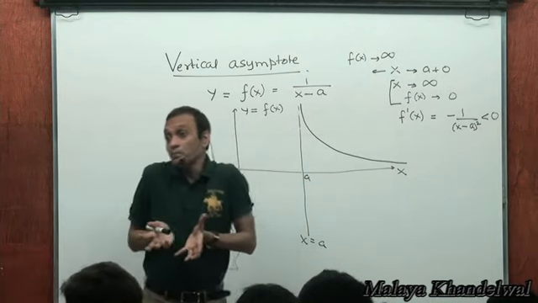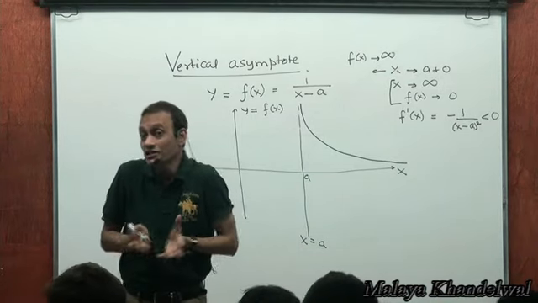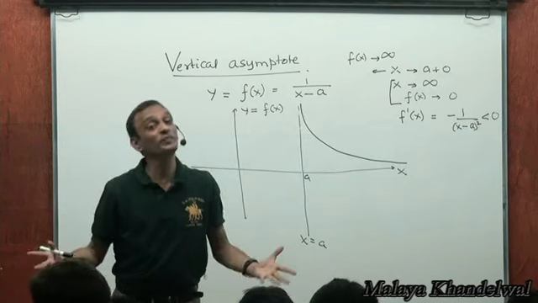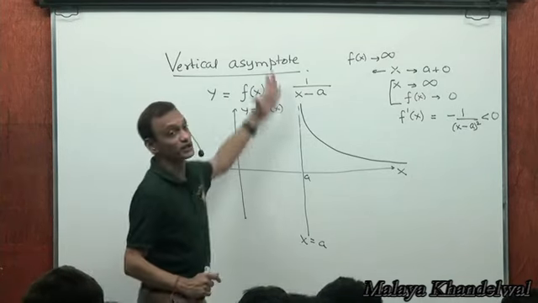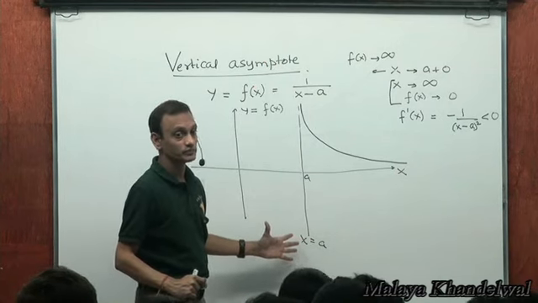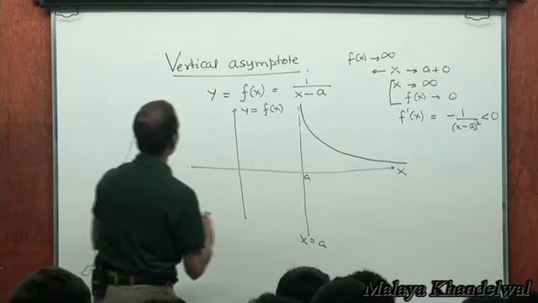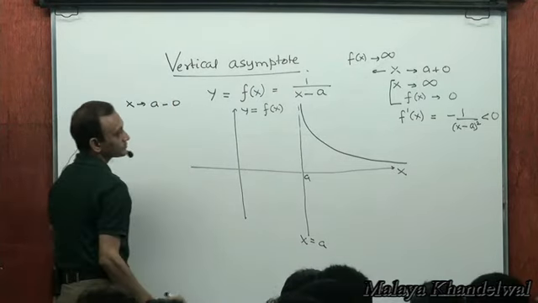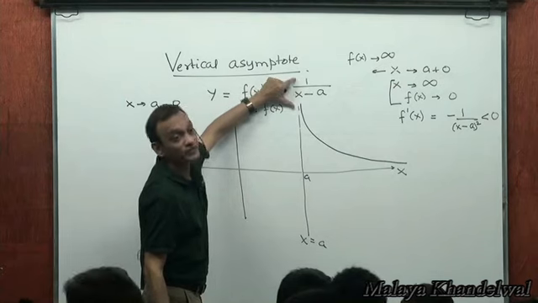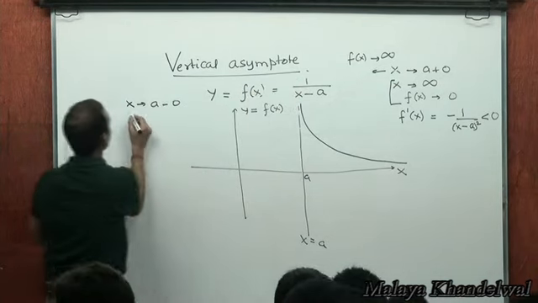So if x minus a appears in the denominator of an expression, then x equal to a will be a vertical asymptote. And just to complete matters here, as x tends to a from the less than a side, this will be negative. f(x) will tend to minus infinity.